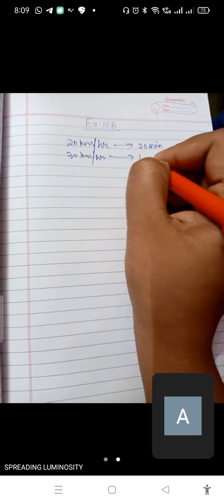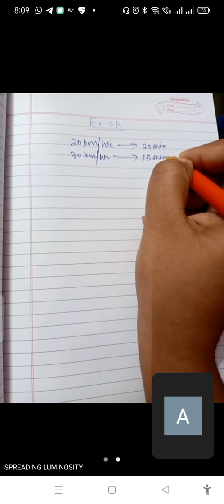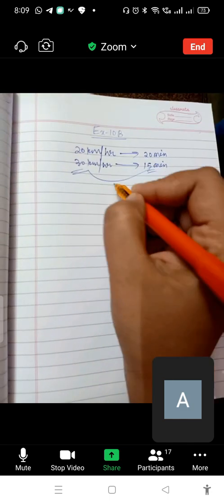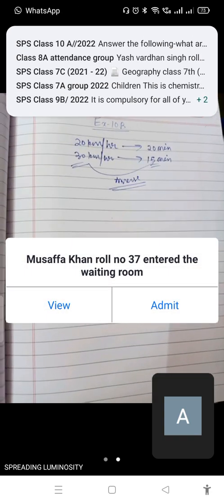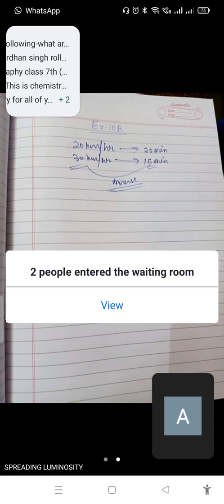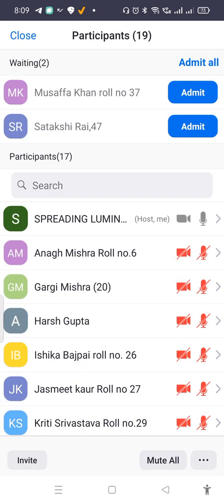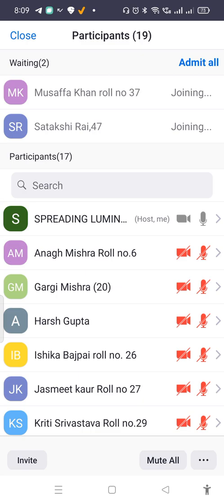Suppose 15 minutes. When we increase the speed, then the time decreases. This is called the inverse variation. So let's begin the questions.